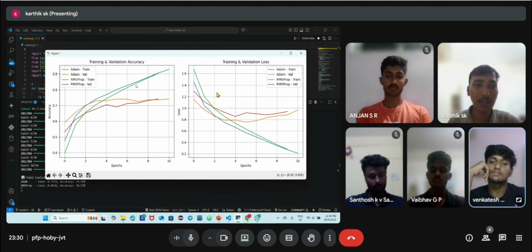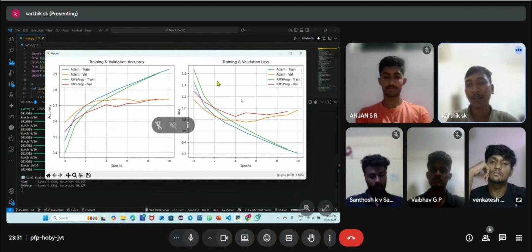The Adam train is a greater value than RMSprop, with more accuracy and validation points. In the training and validation loss, Adam again uses the lesser value, which makes it perfect for the training and validation loss.